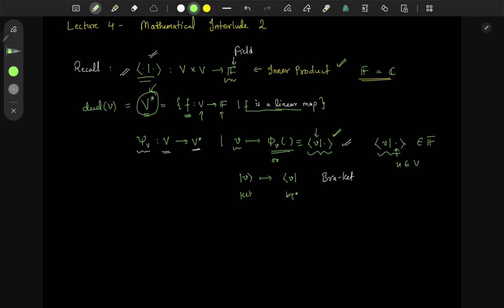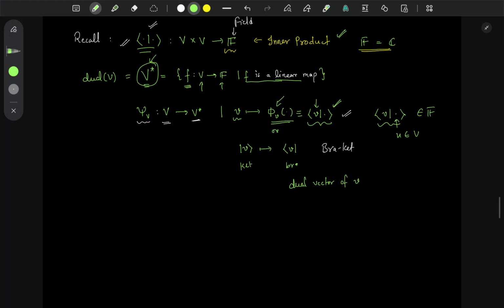This kind of vector is called a dual vector. So a bra is the dual of a ket, and a ket is the dual of a bra, and so on. So there is this relationship that we call a dual vector.